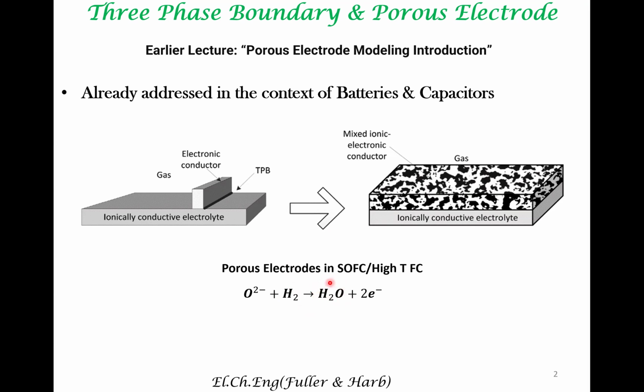There is also water present because that is the product of these two species. And you need to have regions that are able to conduct electrons. So the three phases we are alluding to are the ion conducting electrolyte phase, the gases, and the electronically conducting metallic phase.